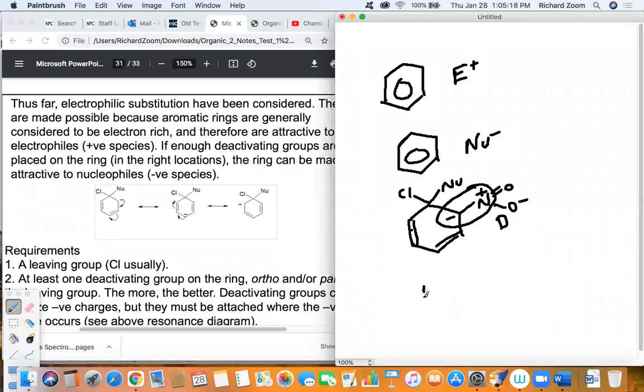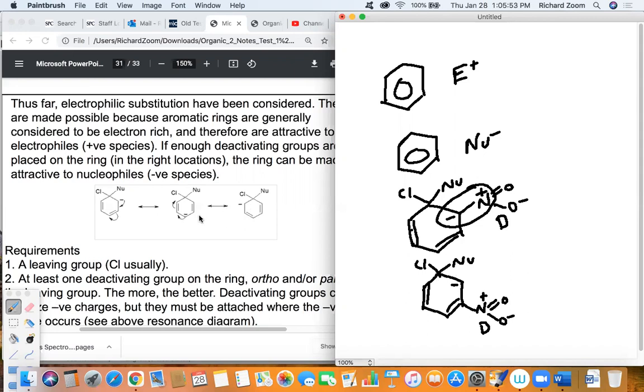But you'll notice that if we had the same situation and the nitro group was in the meta position, there's no way that the nitro group can stabilize that negative charge, because it's not underneath it.